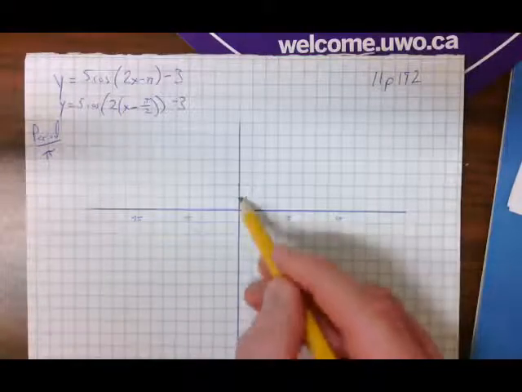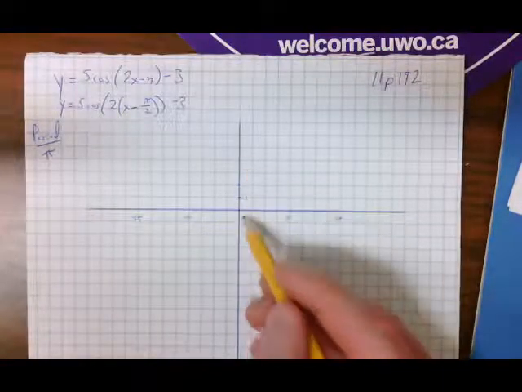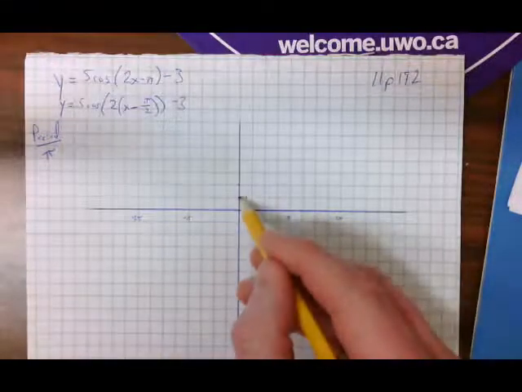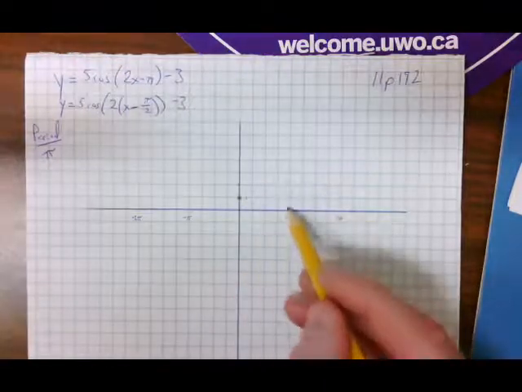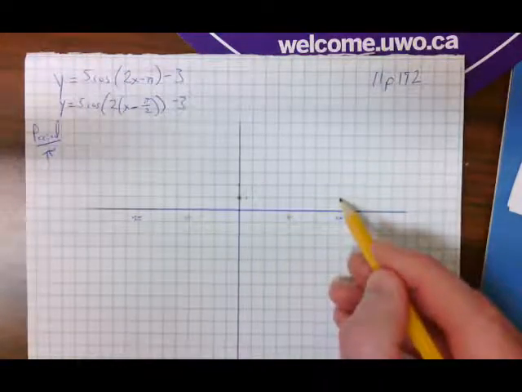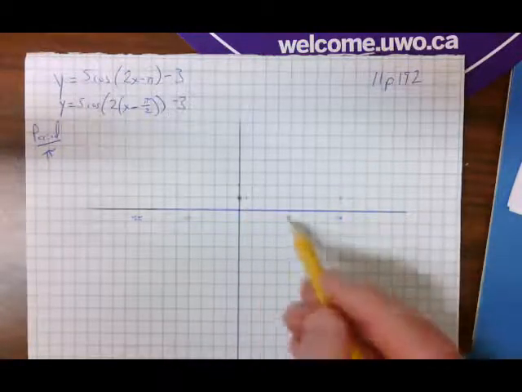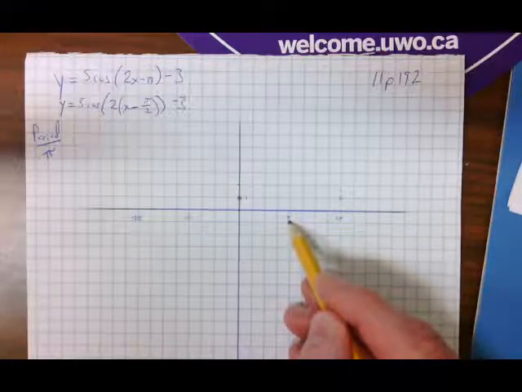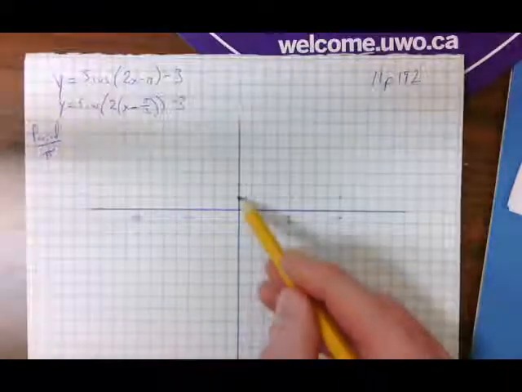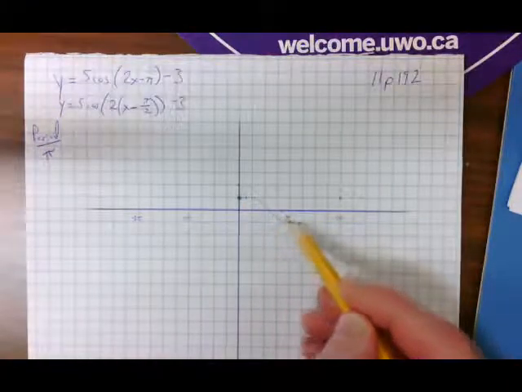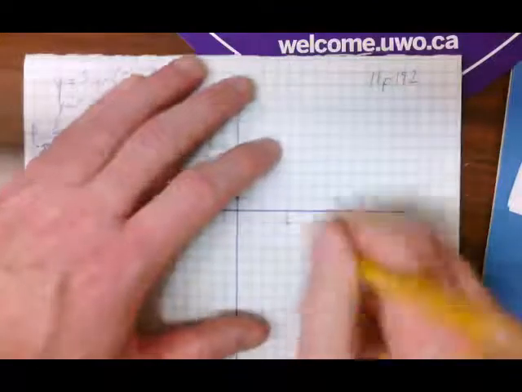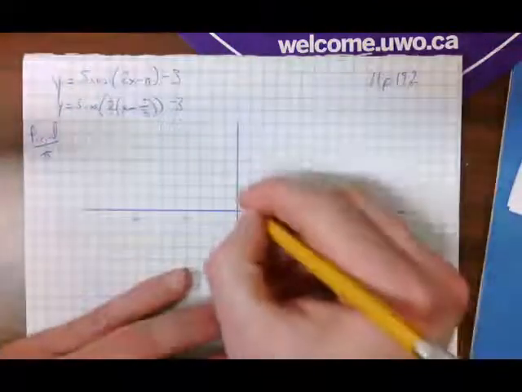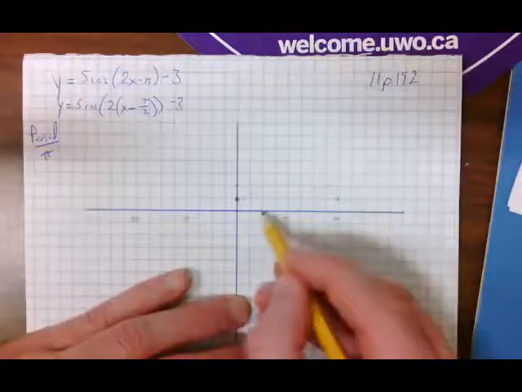Cos always starts up here, right? This is 1, 1, 2, 3, 4. Sine starts at the origin. Cos starts at 1. So it's going to go from here. And 2 pi is the period for cos of x. It's got an amplitude of 1, so the lowest part is going to be negative 1. And so it's just a smooth curve. That was terrible. Let me mark our intercepts right in between. So it's going to go through there.